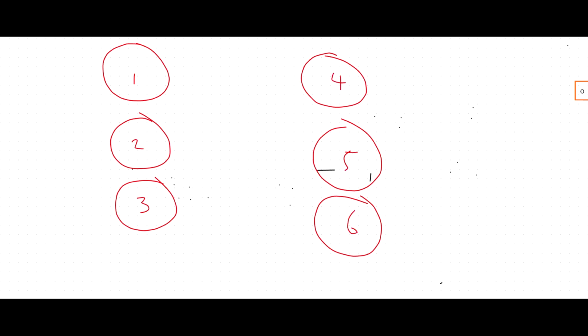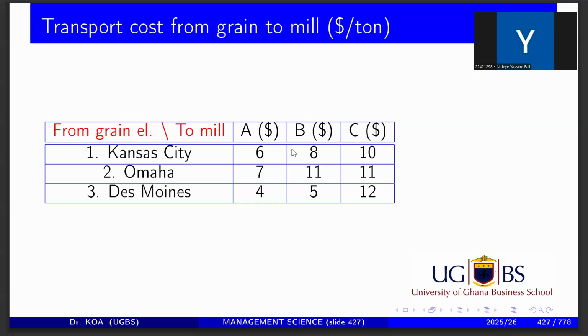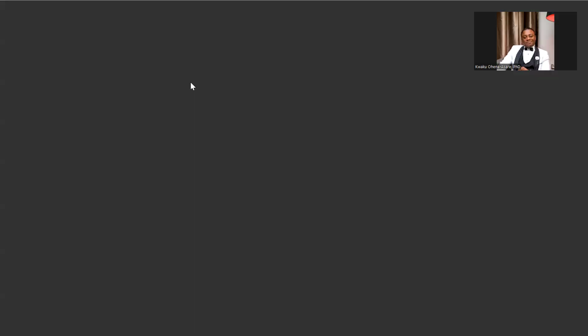Okay. So we are now going to look at the first one. Yes, Yasin. Please, just to confirm, on what basis did you write the 6 nodes? Is it with the supply and the demand side? Okay, hold on. I'll show you. If you look at the cost, normally you look at both the demand and the supply.